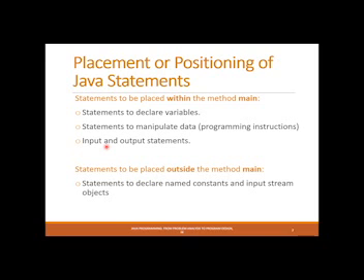What statements are to be placed outside the method main? When we say outside the method main, of course, it is inside the class. Okay? Statements to declare named constants and input stream objects.